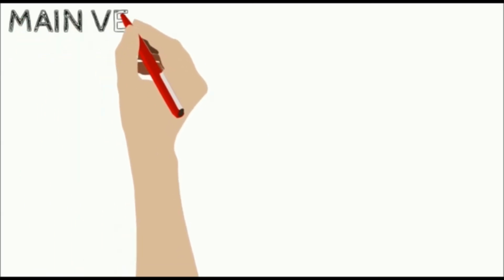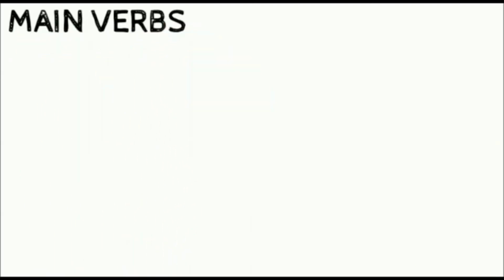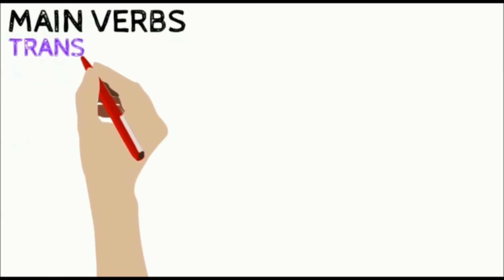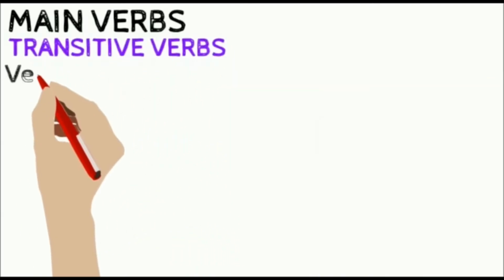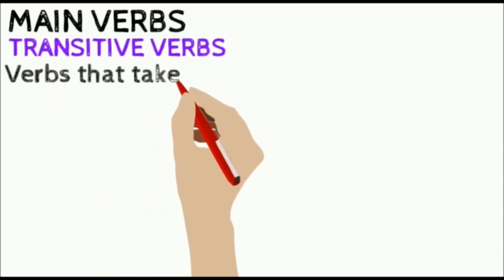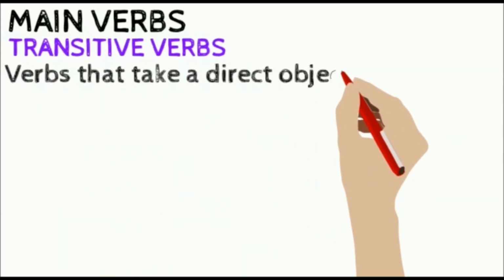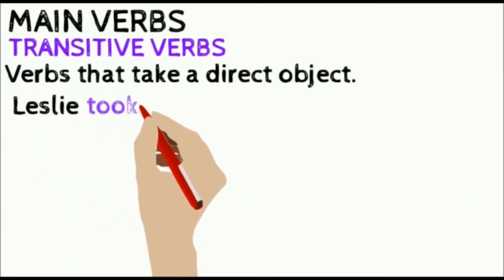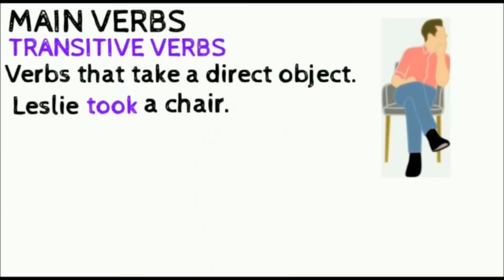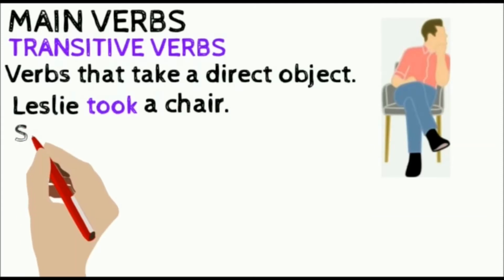This is the summary of main verbs. Main verbs are divided into four types: transitive verbs, intransitive verbs, ditransitive verbs, and linking verbs. Transitive verbs are those verbs that take a direct object. An example is Leslie took a chair. Here the subject is Leslie, took is the verb, and chair is the direct object.